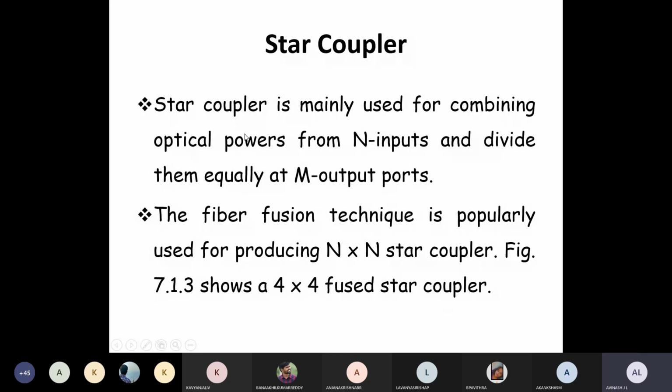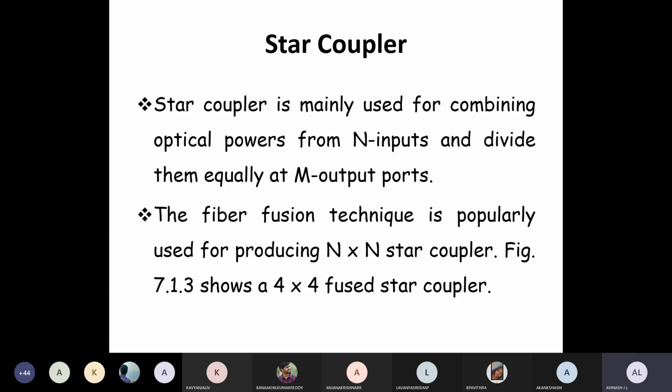The star coupler is mainly used for combining optical powers from n inputs and dividing them equally at m output ports.